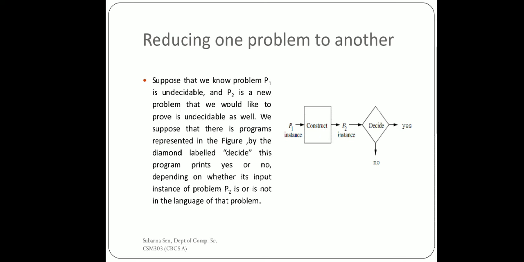Now there will be a question: whether we have to pick every instance of the new problem and map each and every instance to the previous problem. Definitely not. It is not possible, because it would consume so much time. So if we can map at least one or two, or say two to three instances with the previous problem, and prove that we can map them, then we can say this is not going to halt either.